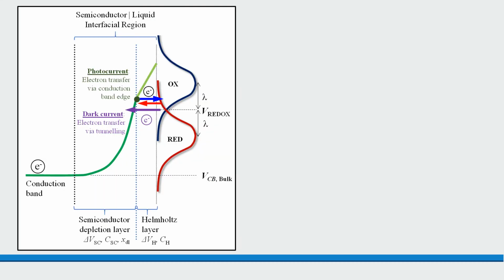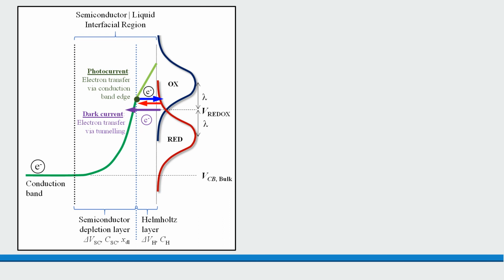So the potential drop in the Helmholtz layer is important not only for modeling of photocurrents, but also of dark currents. Now, dark currents can be assumed to flow via quantum mechanical tunneling of electrons from the reduced state in the electrolyte and the conduction band in the semiconductor. Why?